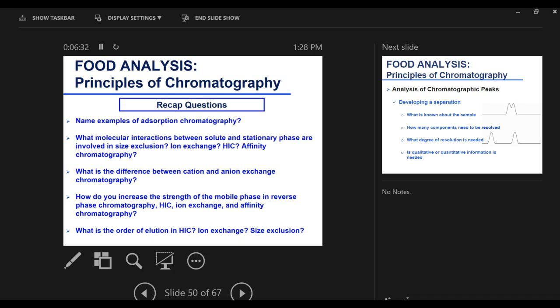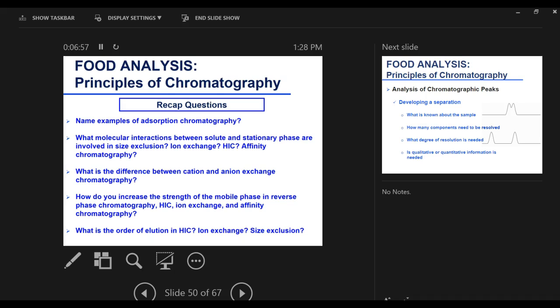Yes, I was thinking of one question where you didn't want us to say covalent bonds, or it would be all the other bonds. All of the other but covalent. Hydrogen bonds? I've got it written in my notes: affinity takes advantage of unique interactions.